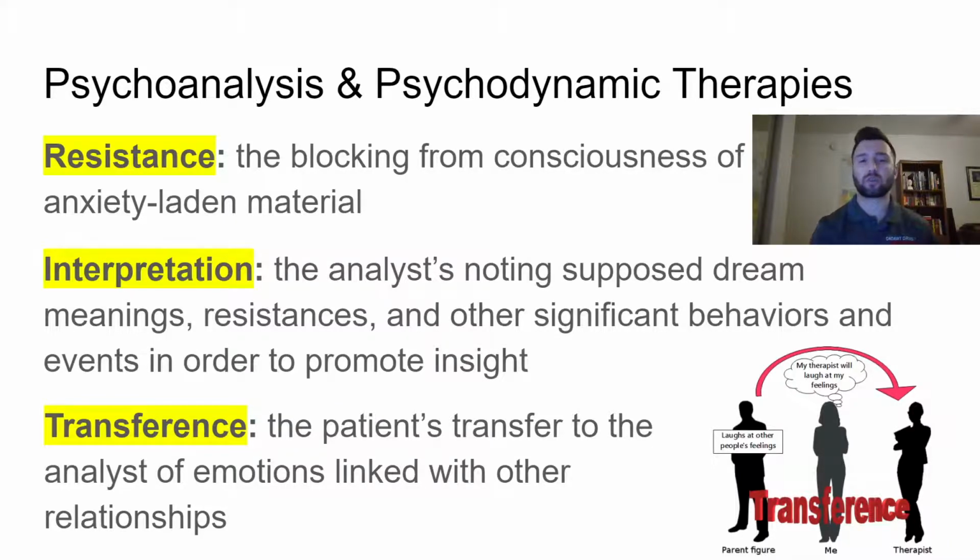We have interpretation, where the analyst notes supposed dream meanings, resistances, or other significant behaviors and events in order to promote this insight. And we have transference, where patients transfer to the analyst emotions linked with these relationships.